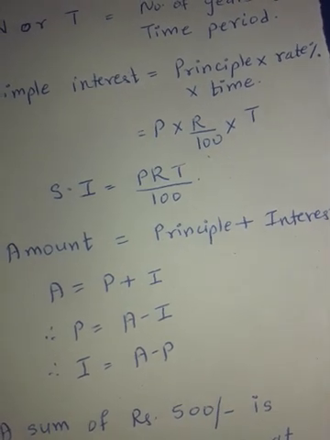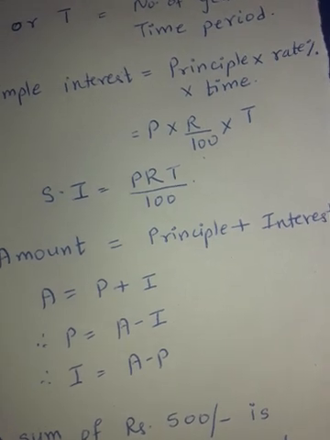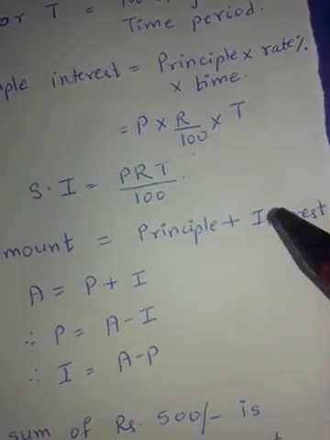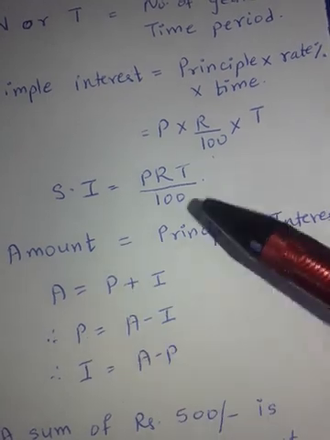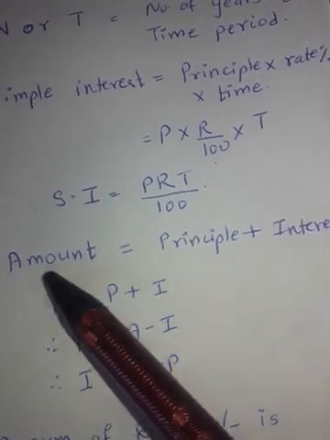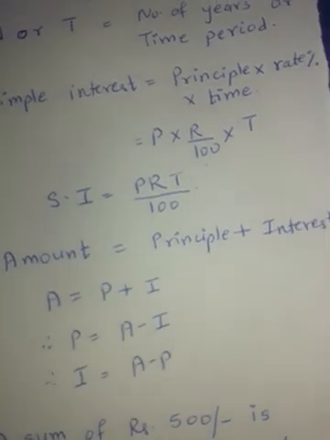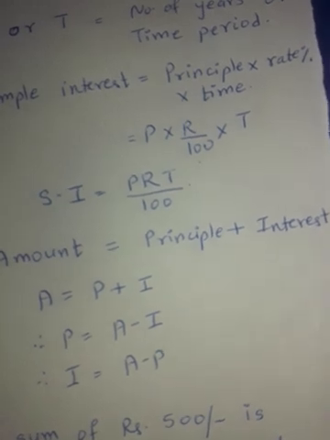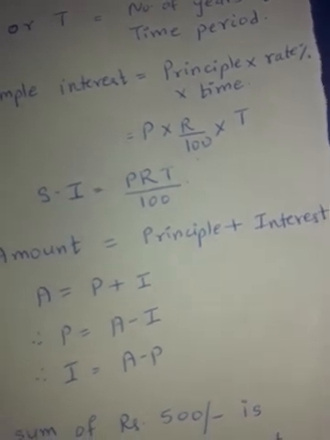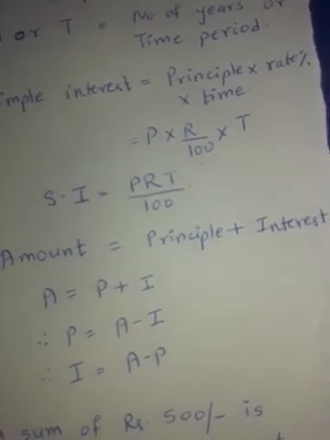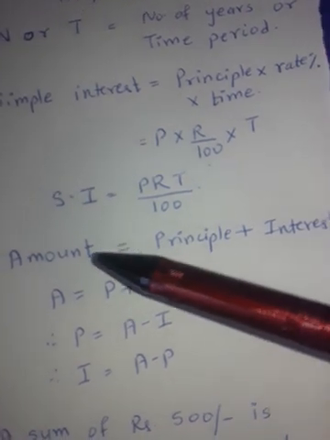So you will get 10,200. Correct? So principal plus interest. Whatever you get after that period is known as amount. Suppose you invest 5,000 and you get say 100 rupees as interest, then 5,100 becomes your amount.